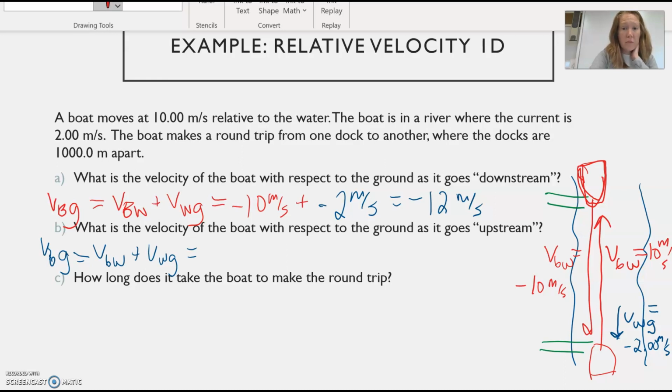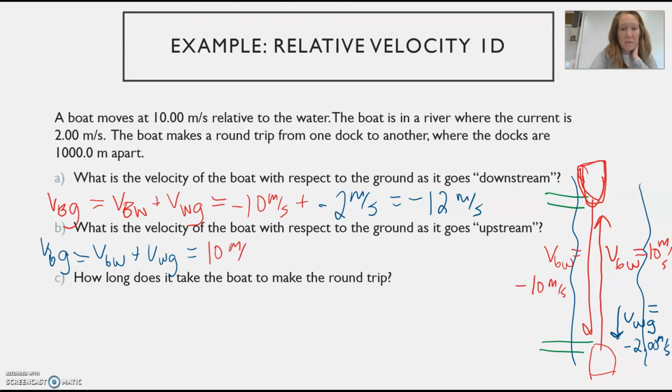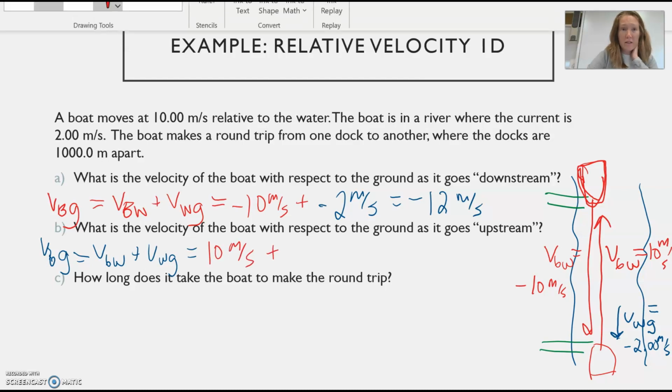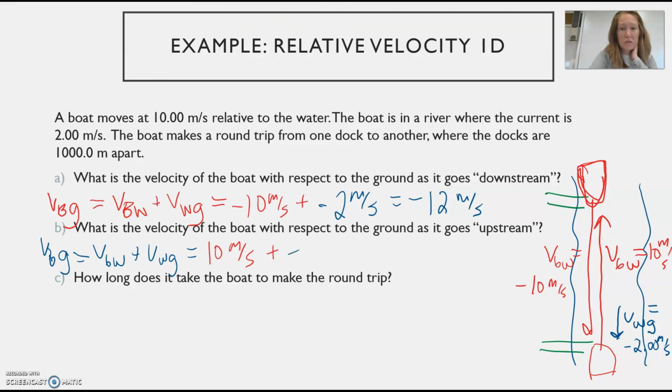So now it's got a velocity of +10. The current is always going -2. So now its velocity with respect to the ground is 8 meters per second positive, which in our world means north at 8 meters per second.